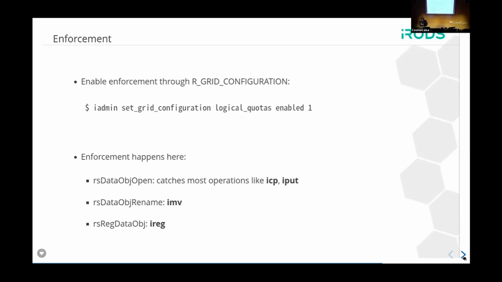Rename catches iMV as well as moving to trash, which iRM does, but it's just a rename in the background. So you could put a quota on the trash. I don't know why you would. And then directly registering a data object goes around those other 2, so I put one there as well.